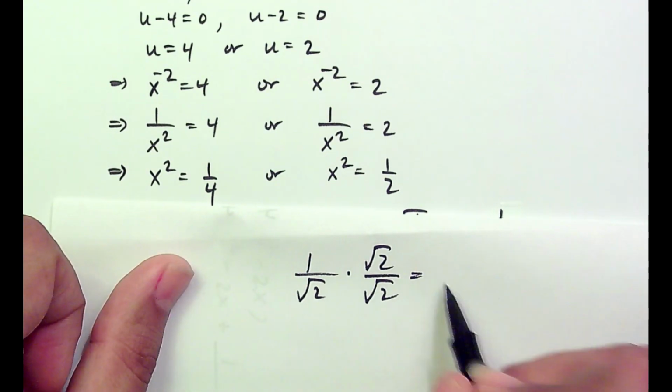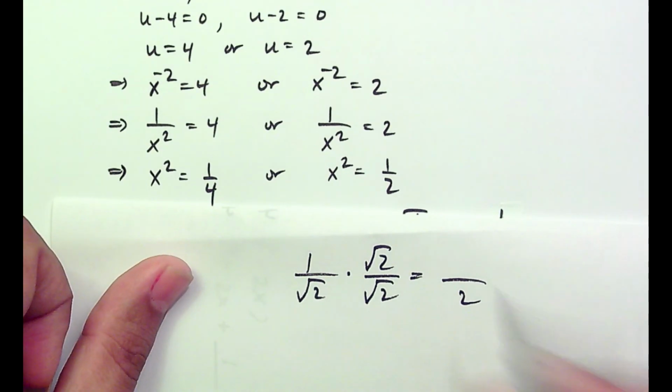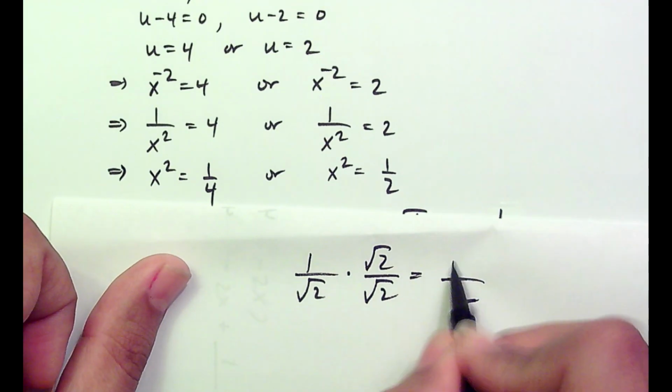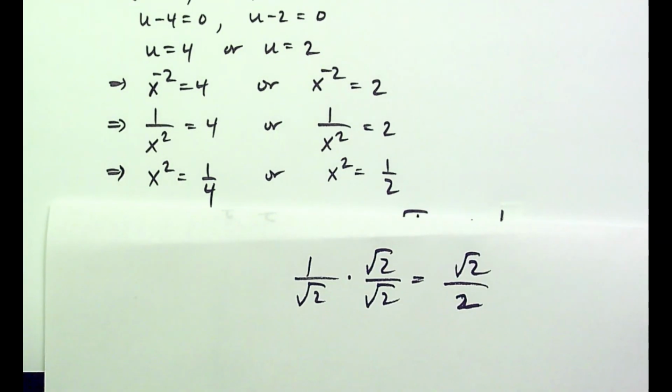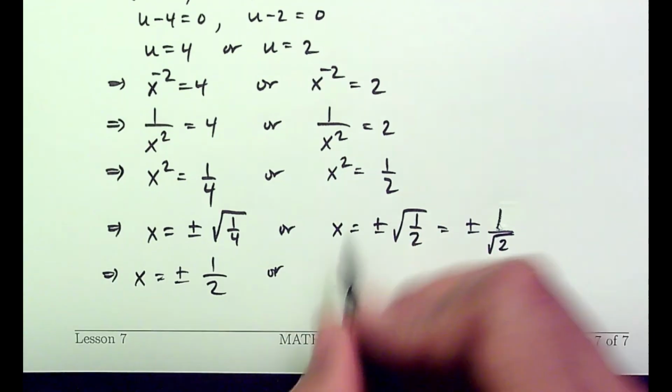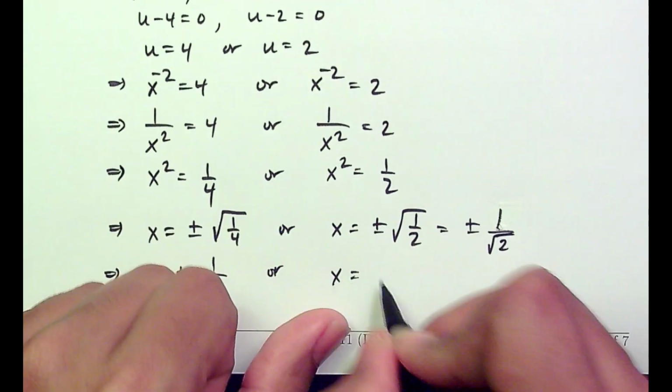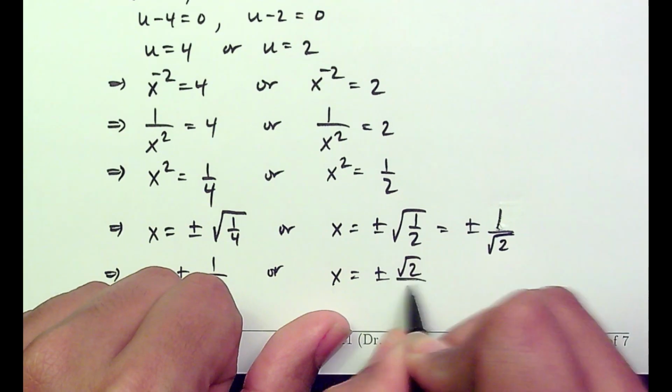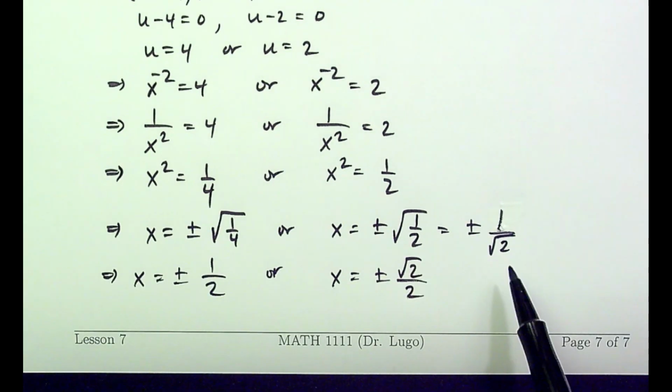So the bottom just becomes 2, because when you multiply a square root by itself, the square root disappears, and then multiplying across, you have square root of 2. So another way of writing this is square root of 2 over 2. We rationalized.